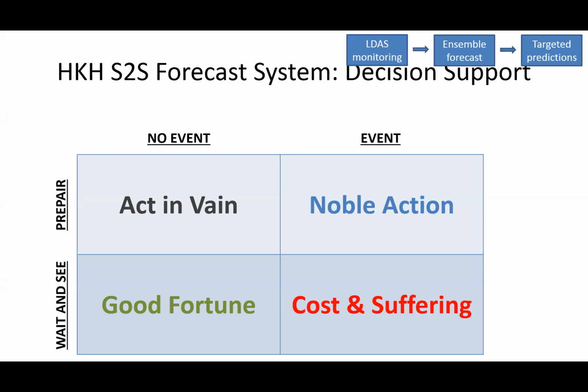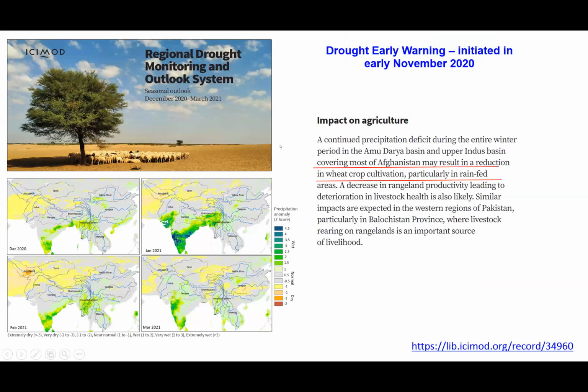For example, I mentioned that we generated the forecast for Afghanistan in October. We communicated it to relevant entities.